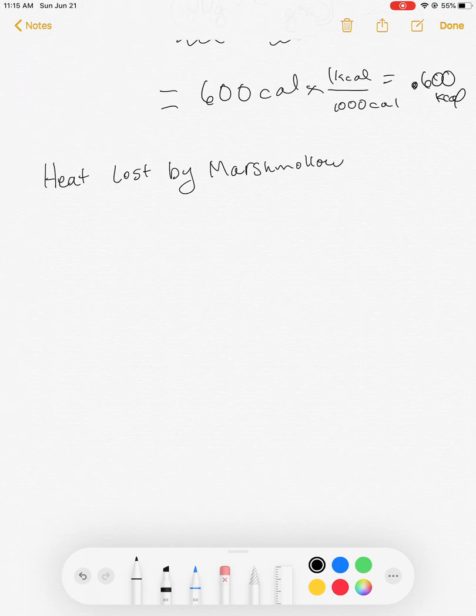Now we want to know what's the heat lost by the marshmallow. Well, it's this, okay? So the heat lost by the marshmallow was 0.600 kilocalories. And you want to know how many kilocalories per gram.